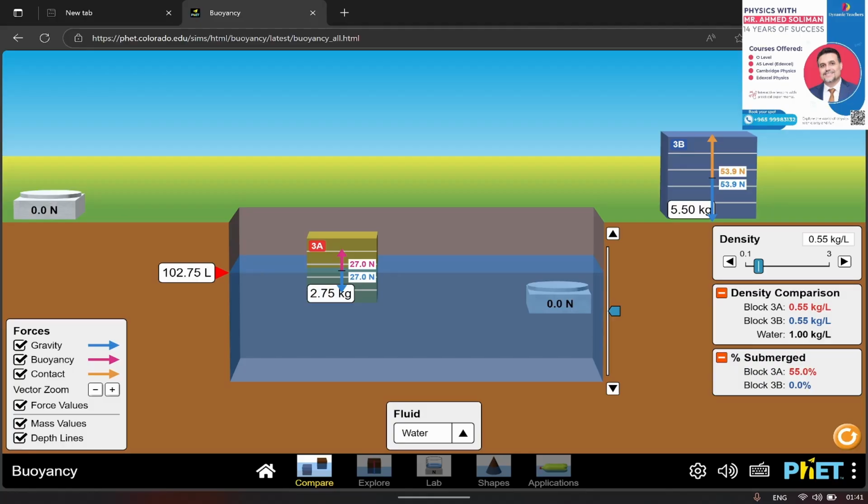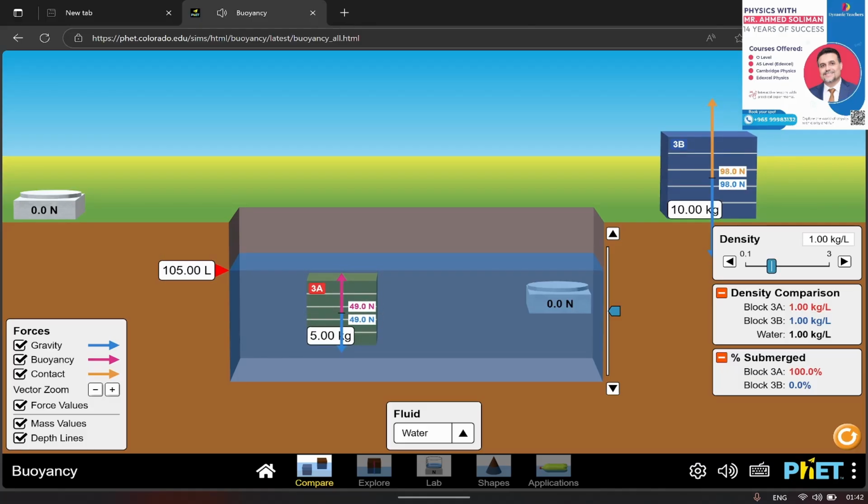What if we increase the density? As you see, we still have weight downward equal to upthrust force. But what happened? The volume of the object submerged under the surface of the liquid increases until the density of the object is equal to the density of the liquid.